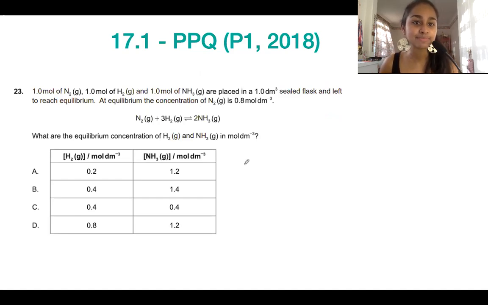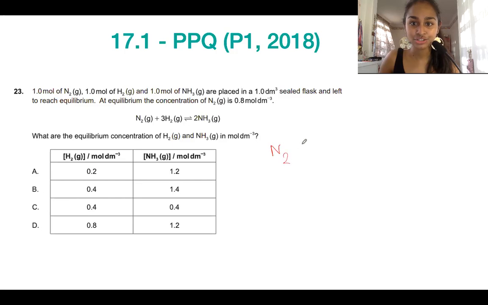So the question tells me I started off with 1 mole of N2, 1 mole of H2, and 1 mole of NH3. And this was then allowed to reach equilibrium. And at equilibrium, the concentration of N2 is 0.8. So let me lay this out then.